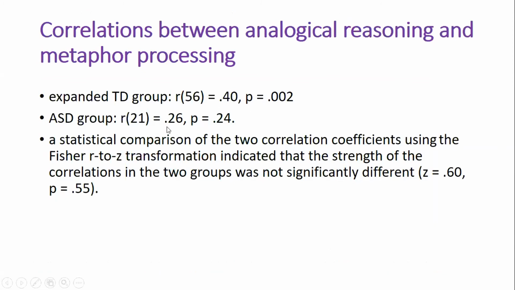It was not very dissimilar in the autistic group, and the two correlation coefficients are not statistically different. So although this is not a significant relationship in the autistic group, it is similar to the other group.